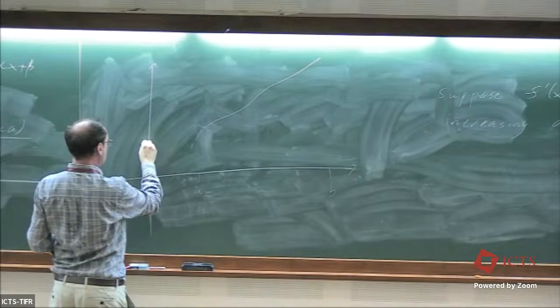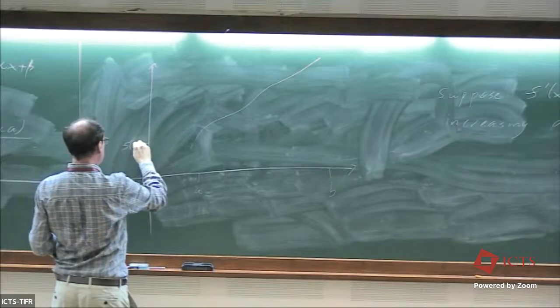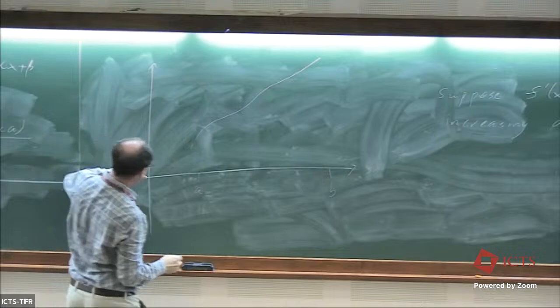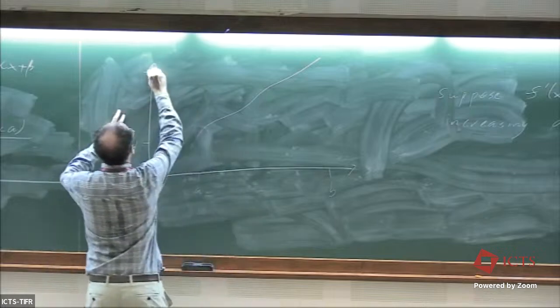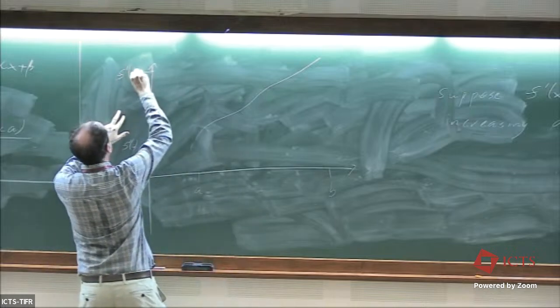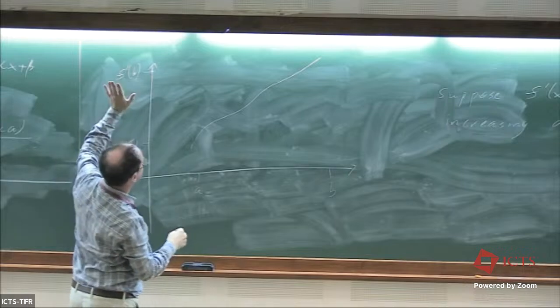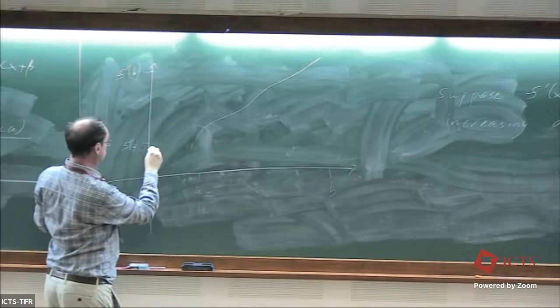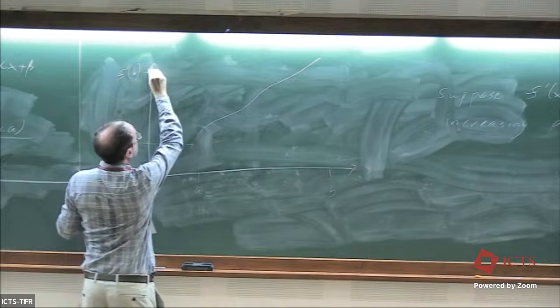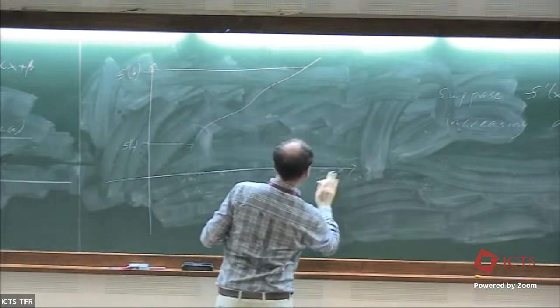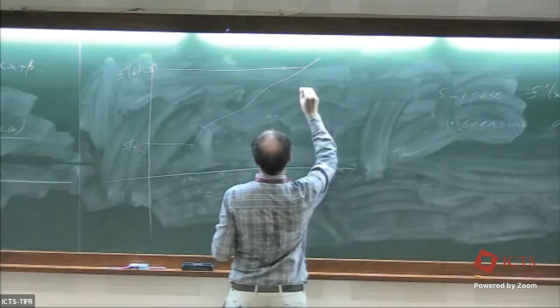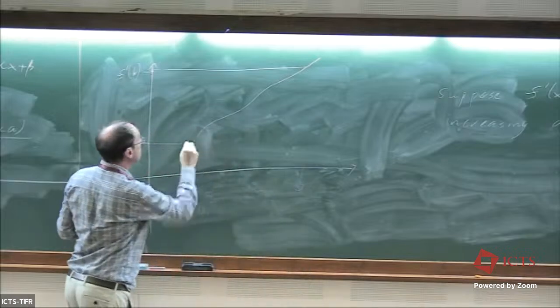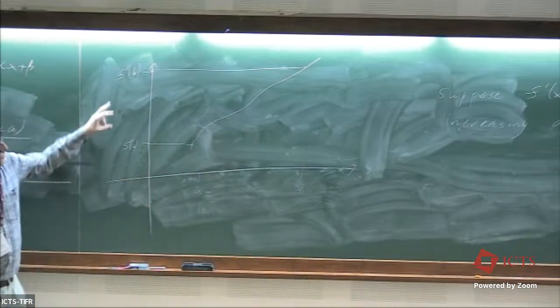But the image, in that case, is the interval from f prime A to f prime B. So the image looks like that.